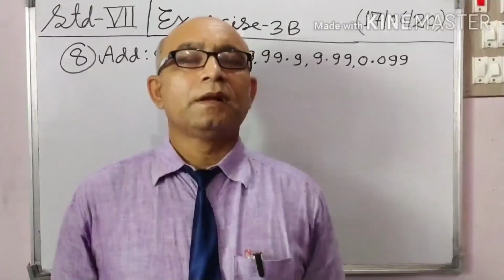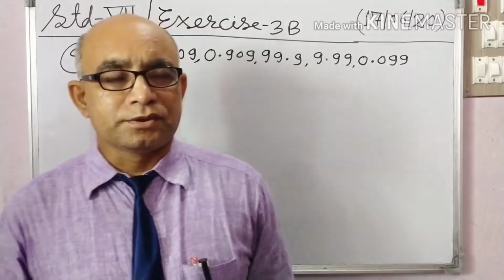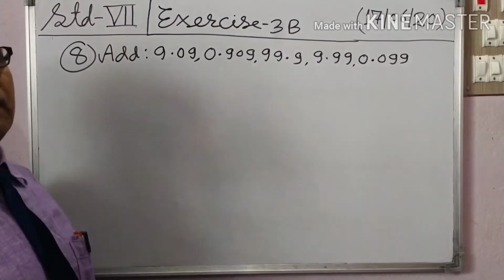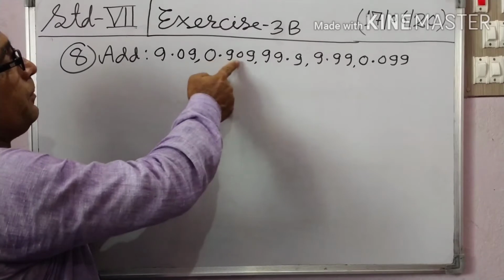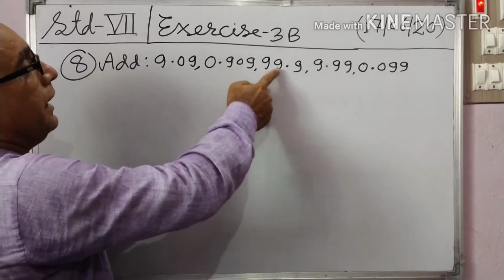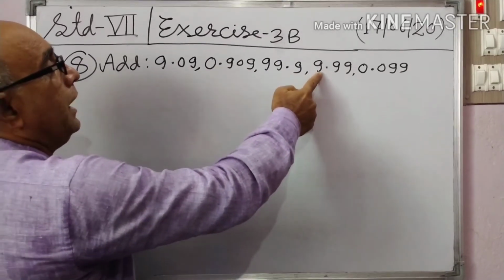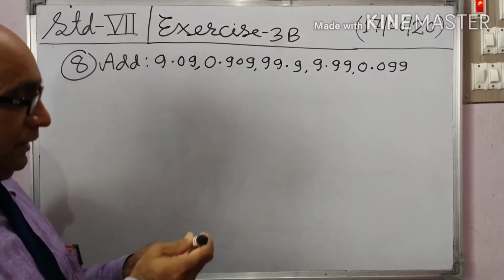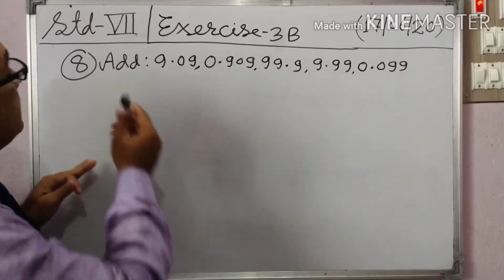Write it. Next question is question number 8. Add 9.09, 0.909, 99.9, 9.99, 0.099. Add them.